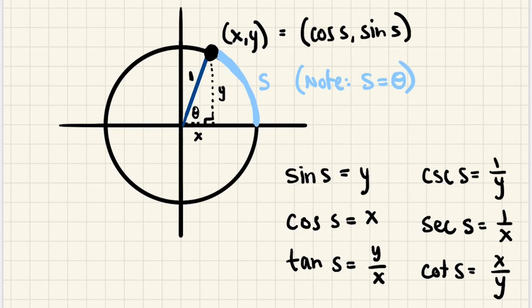Or, if you wish, cosine of the angle and sine of the angle. This means that for our special angles, all we have to do is look them up on a very specific unit circle, and we can read the trig function values off of the (x, y) coordinates of the unit circle.